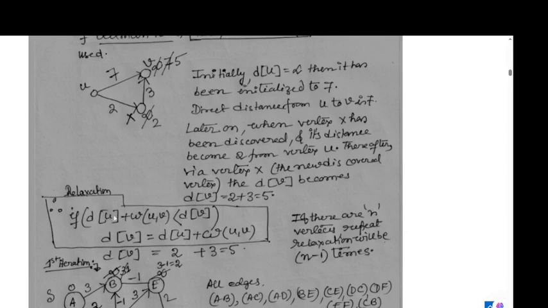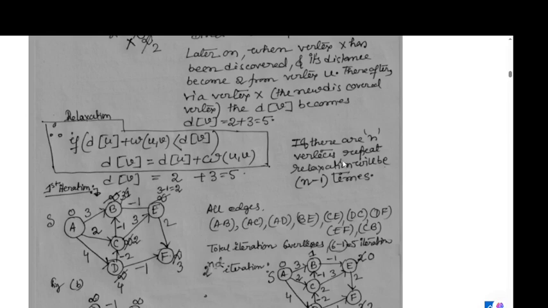So you are at du, and then you encounter this wuv, let's say 2 plus 3, which is 5, which is less than 7, dv. Then we'll assign this 5 to dv. That means this new path 2 plus 3 will be assigned to dv. Okay, so this concept is called relaxation concept.